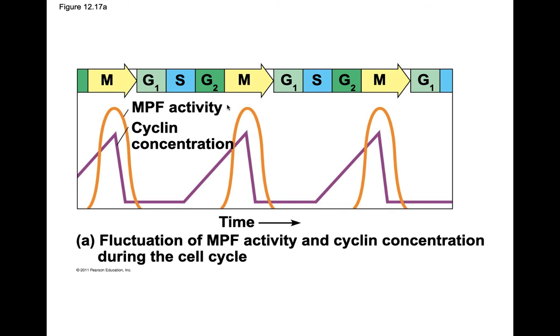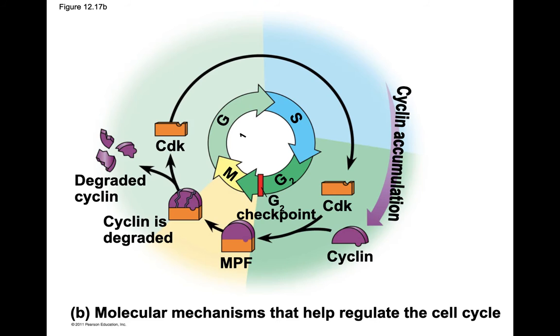And this is due to concentrations of cyclin, which is a cell signal that can be used to target cells that need to undergo cell signaling. So we can see that generally the cyclin concentration builds and builds and builds until we reach M phase, and then it drops substantially during the G1 and the S, and then it starts to build up during G2.